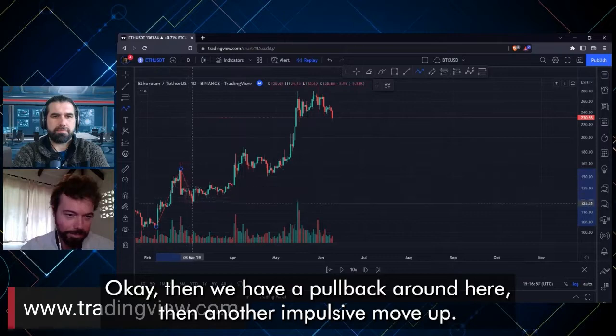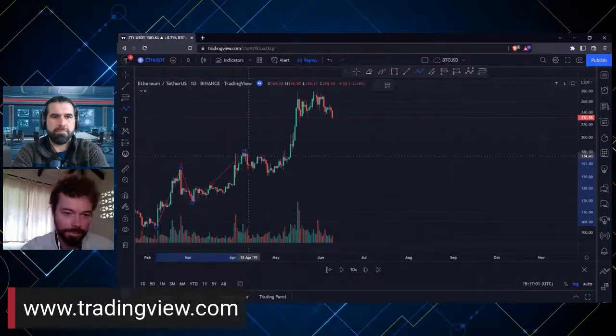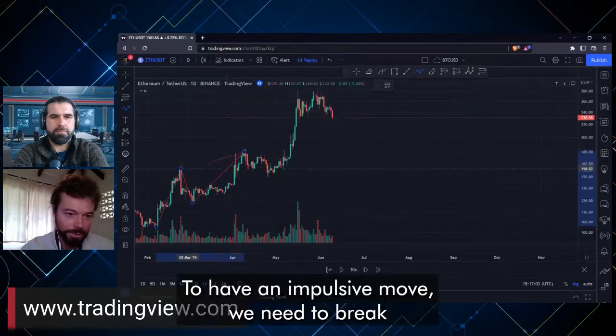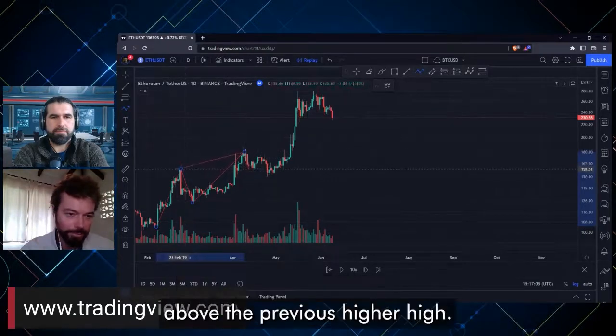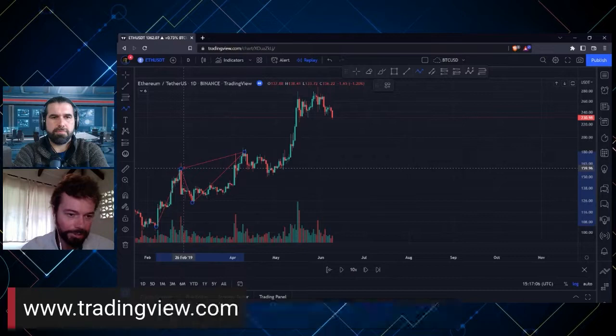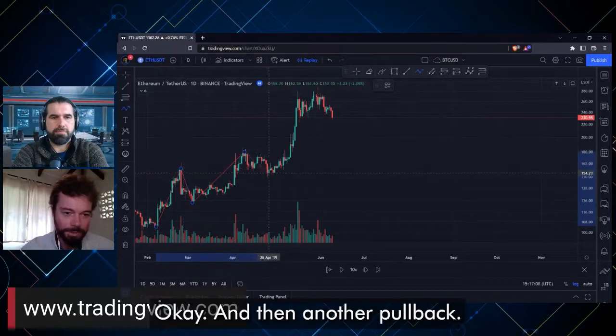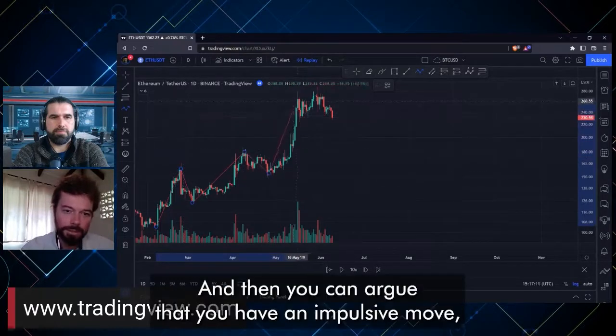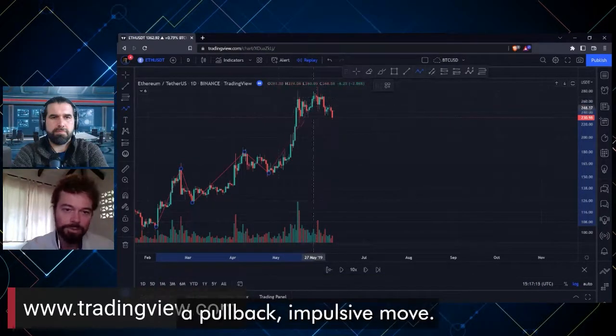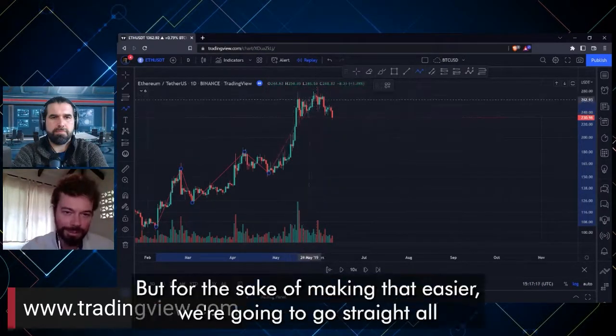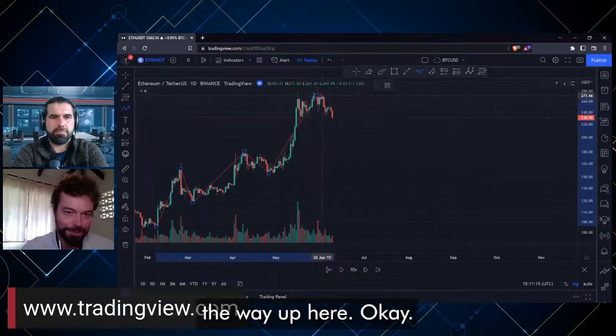Then we have a pullback around here, then another impulsive move up. To have an impulsive move, we need to break above the previous higher high. And then another pullback. And then here you can argue that you have an impulsive move here, pullback, impulsive move. But for the sake of making it easier, we're going to go straight all the way up here.